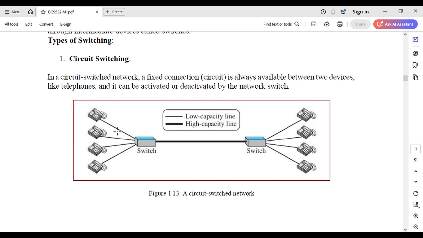A small line indicates low capacity lines, because from whatever junction box or transition is present, we have low capacity lines. But between one junction box and another junction box we need to maintain high capacity wires.